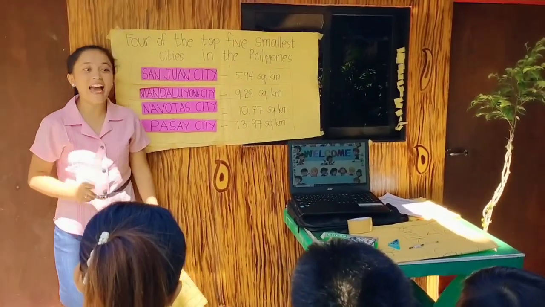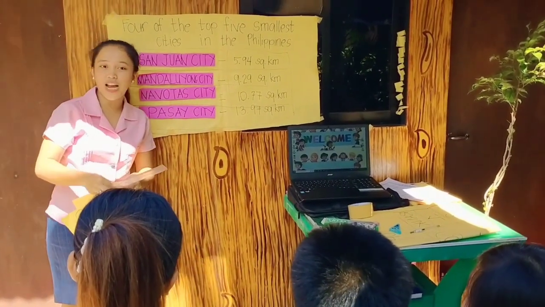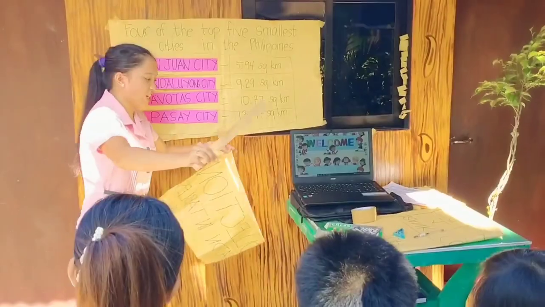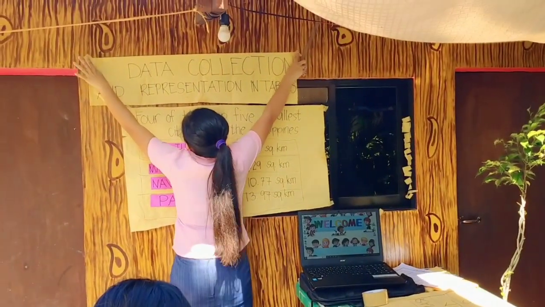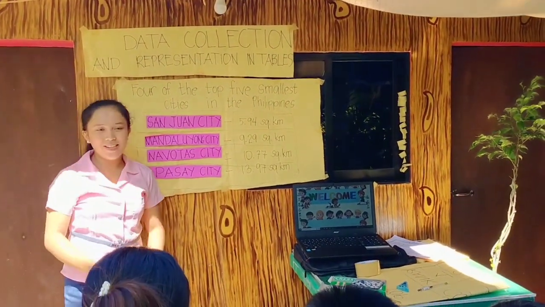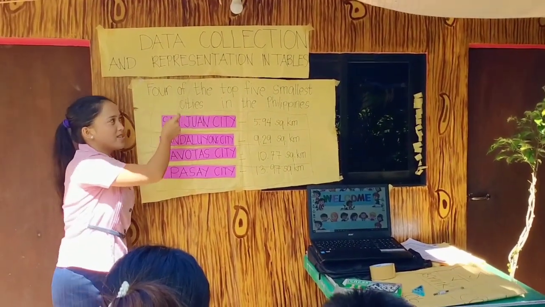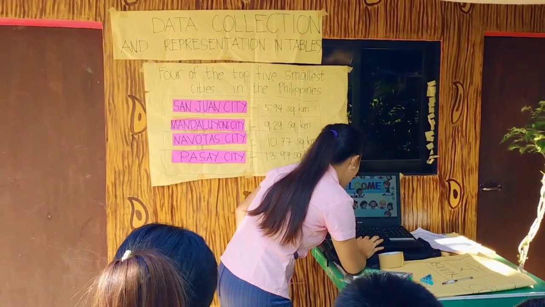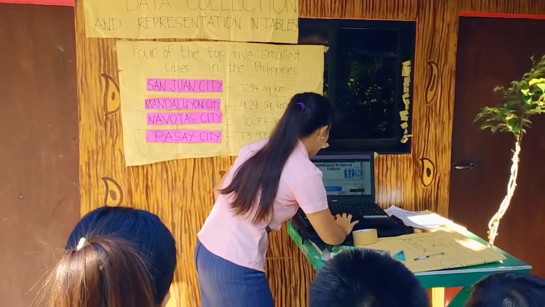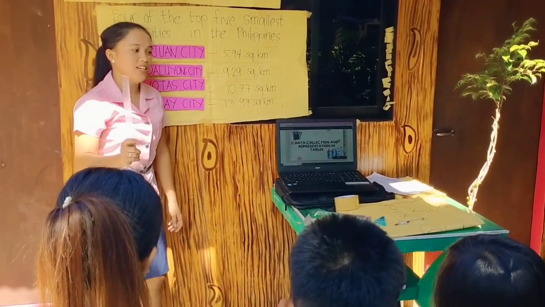It is important. And aside from that, it is connected to the lesson we will tackle today, which is our lesson 1, all about data collection and representation in tables. So, that is our lesson 1, class. Here, the data collection and representation in tables.